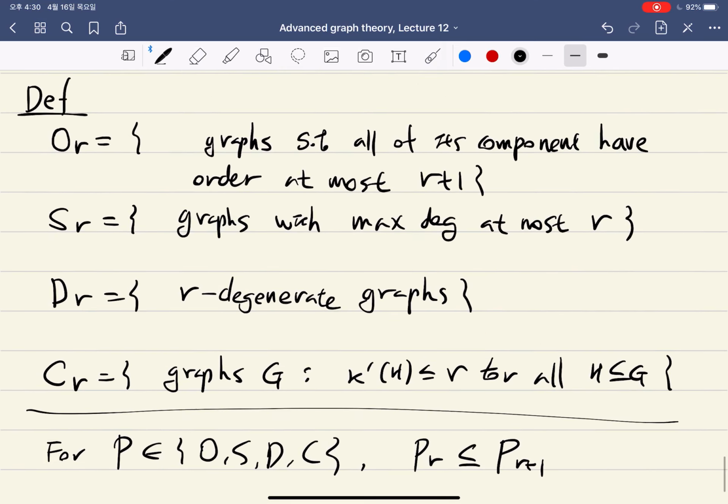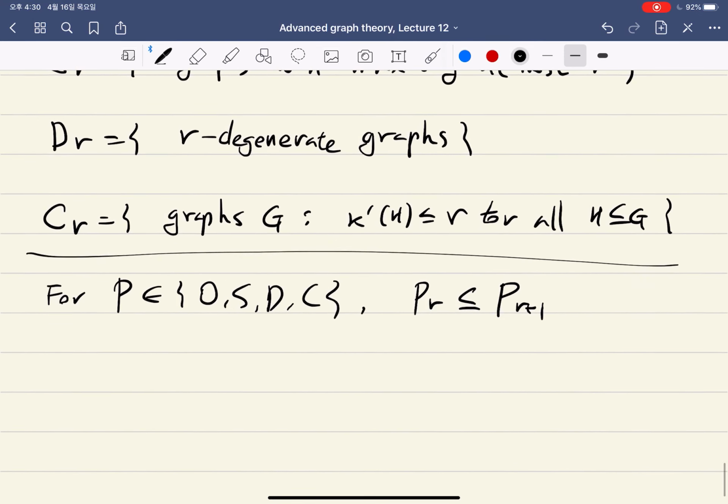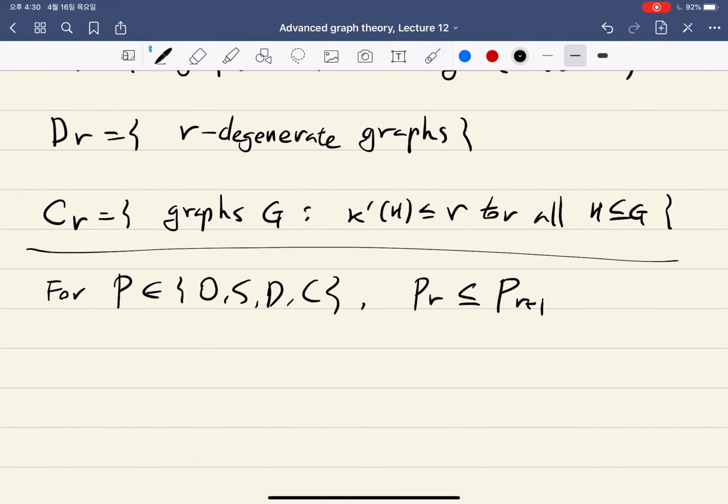So once you increase R, you get more and more graphs, and then it's easier to color the vertices. Before, you take a coloring and this color class has maximum degree 3, so this is not an S2 coloring.